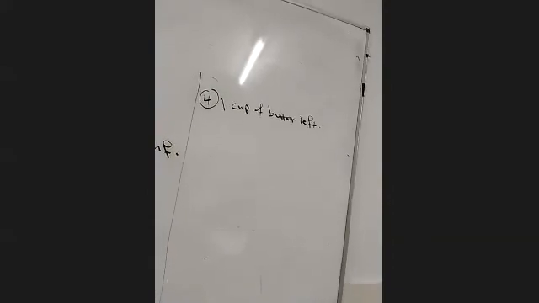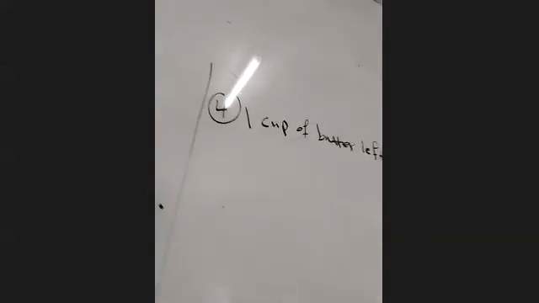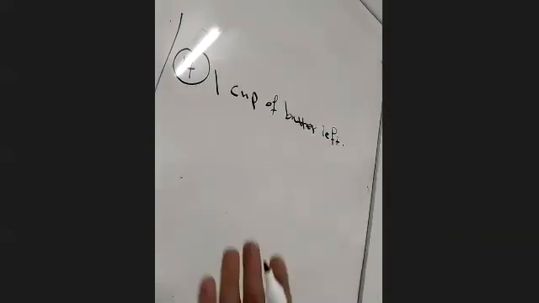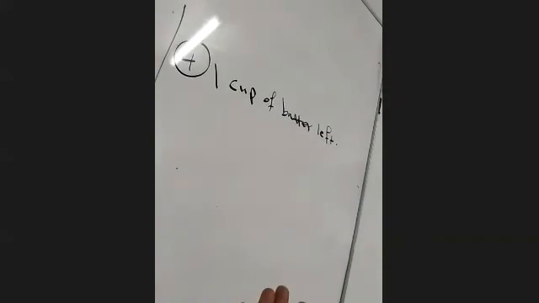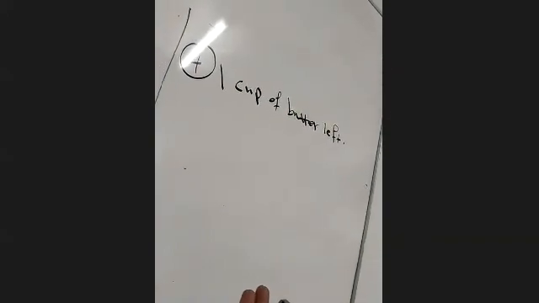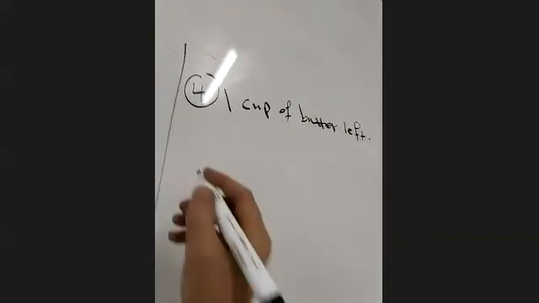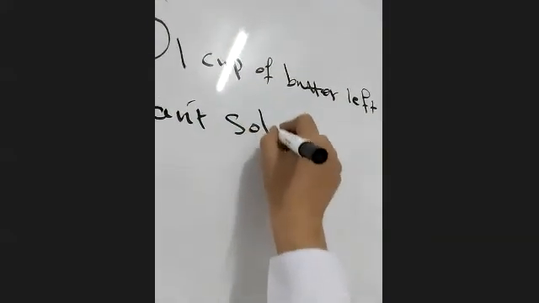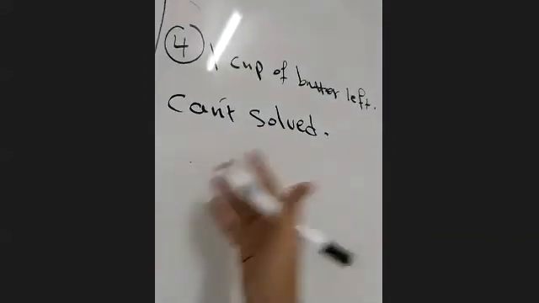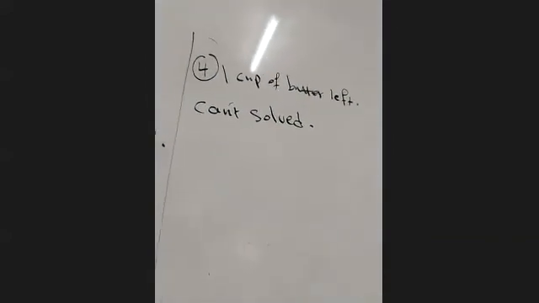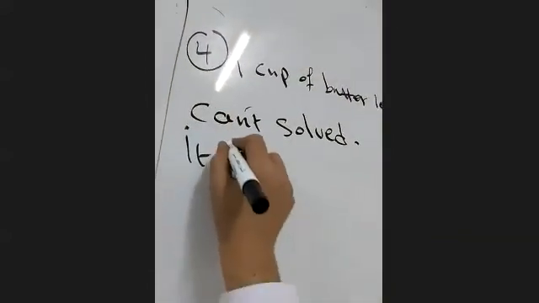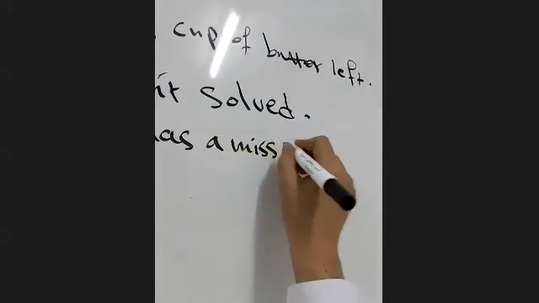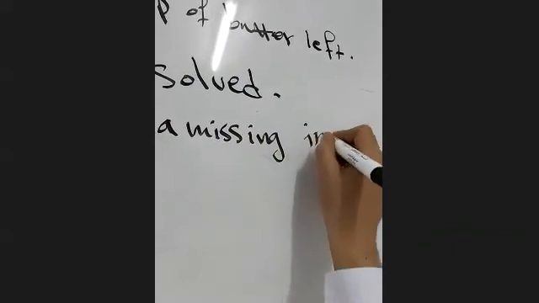I don't know how much because there is missing information, right? So can we solve this question or not? We cannot. We cannot solve this question, guys. Why? It has missing information.